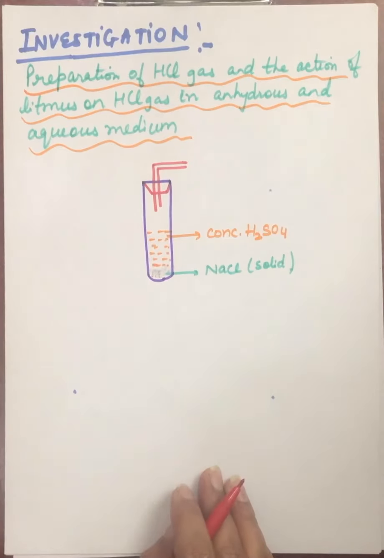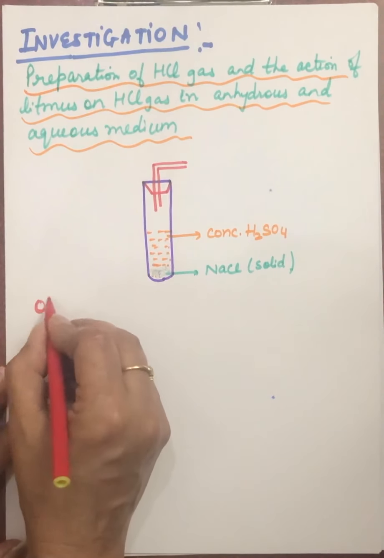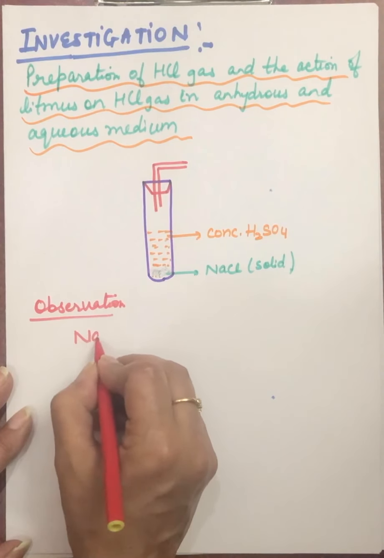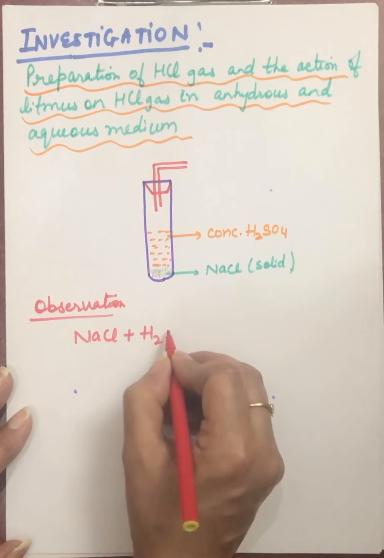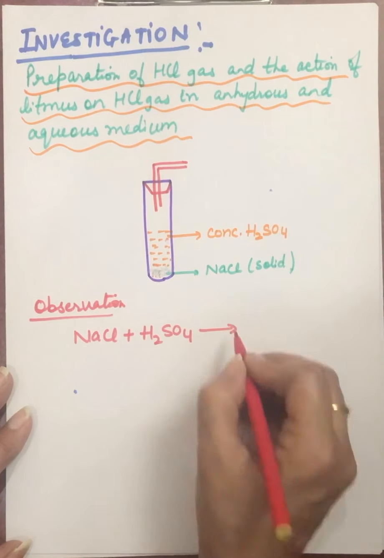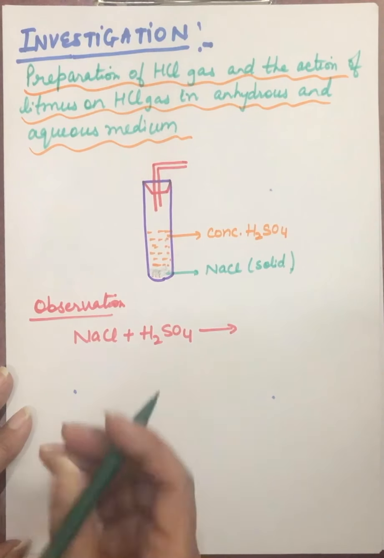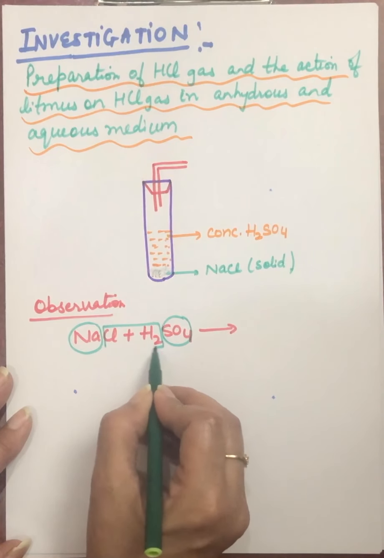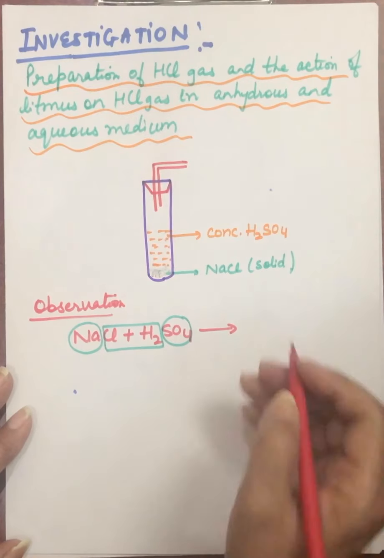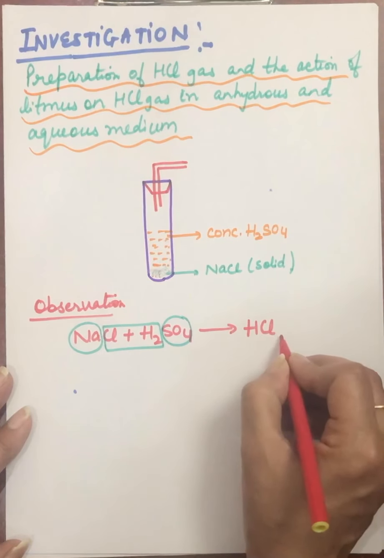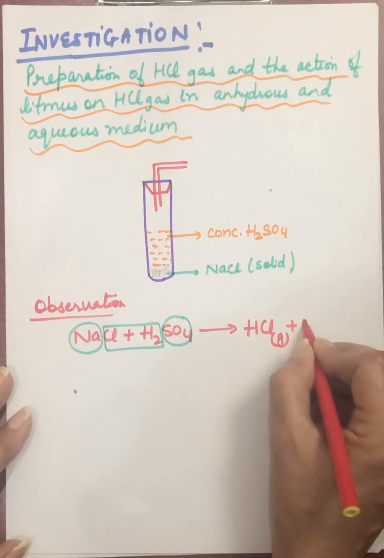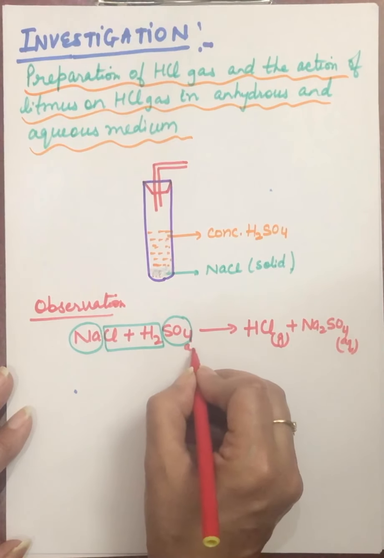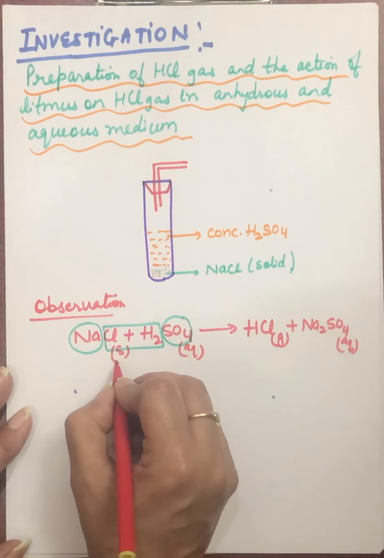Now when the two substances react with each other, our observation is that NaCl reacts with concentrated sulfuric acid, and they form sodium sulfate and HCl, hydrochloric acid. But the acid formed here is in gaseous form, and we also get sodium sulfate solution. This is liquid, but what we have taken is solid.